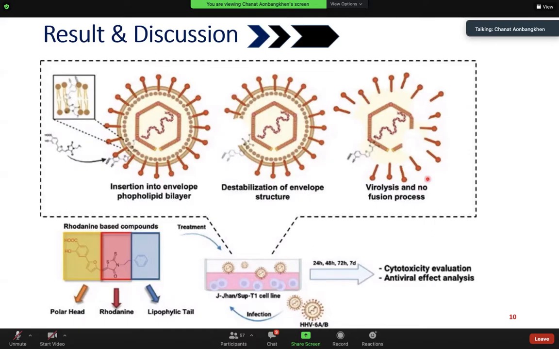So what do you mean by oxidizing the phospholipid bilayer? Yeah, it's more of dissolving the phospholipid bilayer. I think it's called destabilizing. You see the middle picture is the destabilization of the envelope structure of the virus.